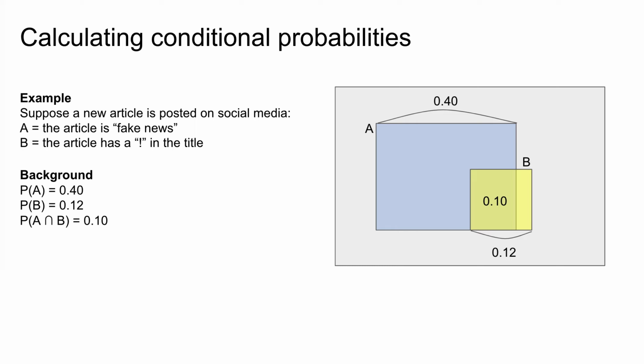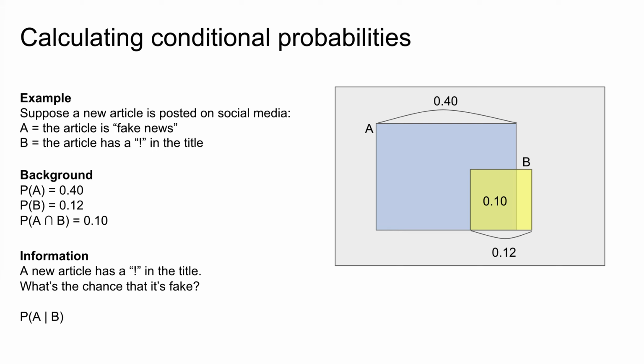And let's assume that we have the following background information on these events. There's a 40% chance that an article is fake, a 12% chance that it has an exclamation point in the title, and a 10% chance that it's both fake and has an exclamation point. This information is reflected in the Venn diagram at right.